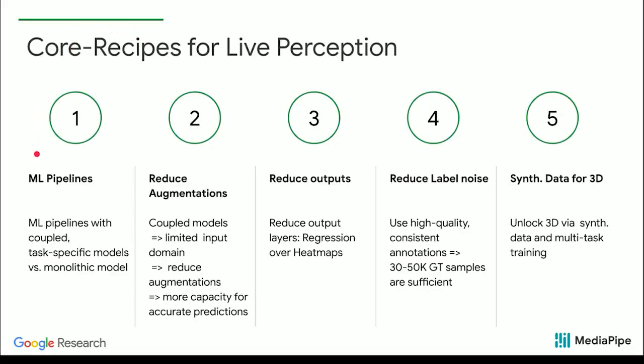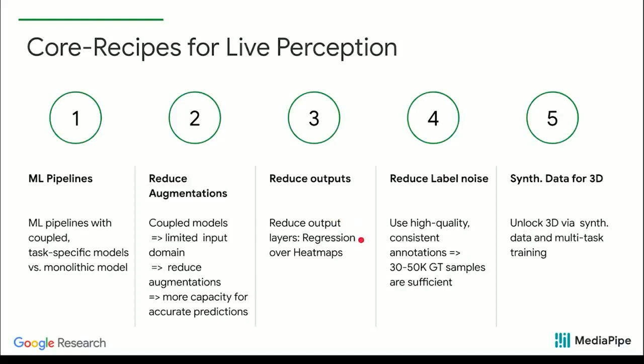Number 1, you will see that we're building ML pipelines of small task-specific models versus one big one. And we will be coupling those small models tightly together, and it will allow us to reduce augmentations between them, giving us more capacity for accurate predictions. Because of our limited capacity on mobile, we'll also reduce output layers.